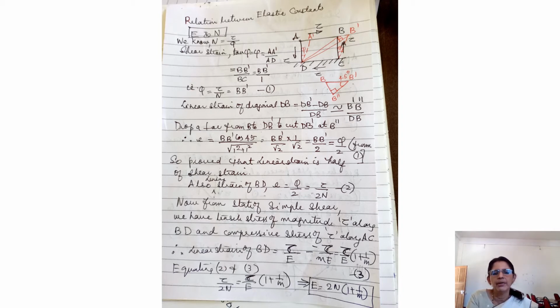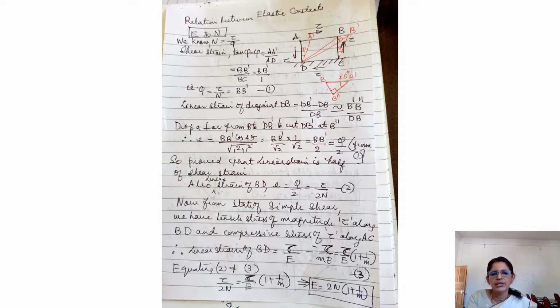So we have BB dash cos 45 divided by BD, which is nothing but the diagonal, that is root of 1 square plus 1 square, because we have assumed that the cube is of unit side. So you have BB dash into 1 by root 2 divided by root 2, you get BB dash by 2. BB dash is already equal to phi, so you get phi by 2 from equation 1. So we have proved that linear strain is equal to half of the shear strain.